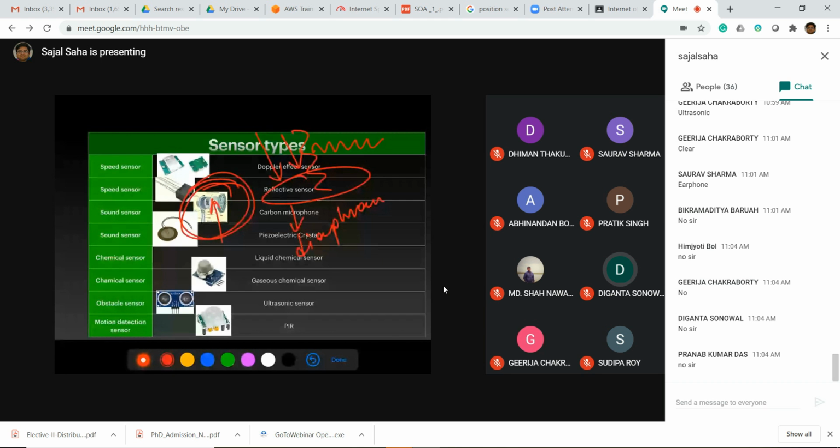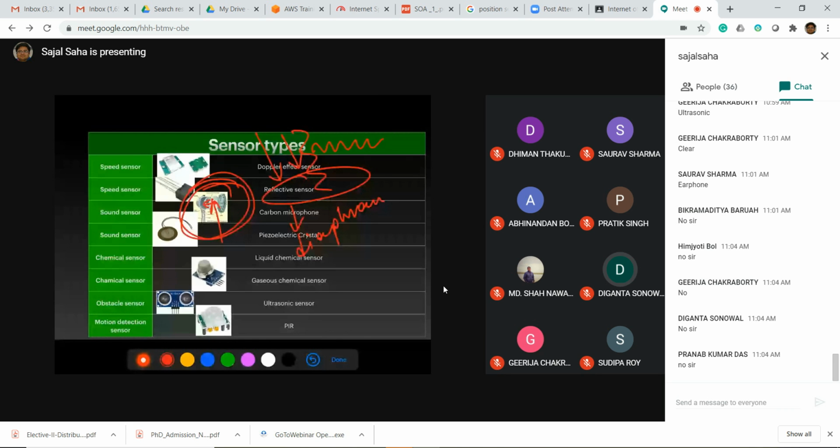That is why you will find one headphone or microphone that costs around 300 rupees, and another headphone or microphone that costs around 20,000 rupees. Why this kind of difference in price? Because they have a very good noise cancellation facility.